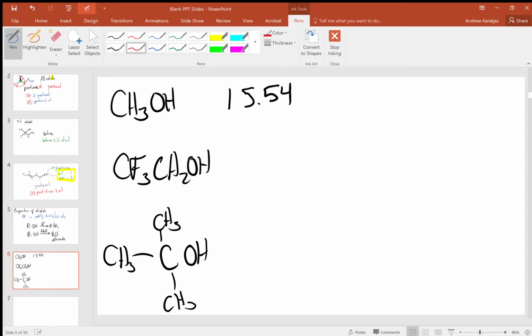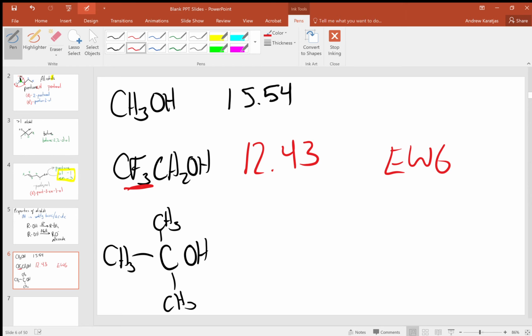Now we've seen before that if we put electron withdrawing groups on, which this example has 3 fluorines on, those will generally help stabilize the conjugate base. I mean, we have a stronger acid. In this case, more than 1,000 times stronger than methanol.